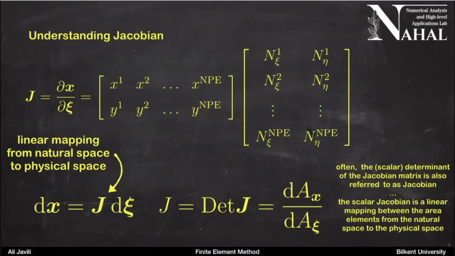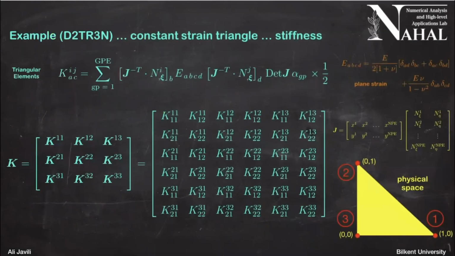What we claim here is that if you have a linear map J between the two coordinates, the determinant of that is the ratio of the area elements between the two coordinates, which makes sense if you think of this as the cross product of two vectors on the two coordinates. You can prove that easily, and we also did some examples in the previous lecture to show how that works.